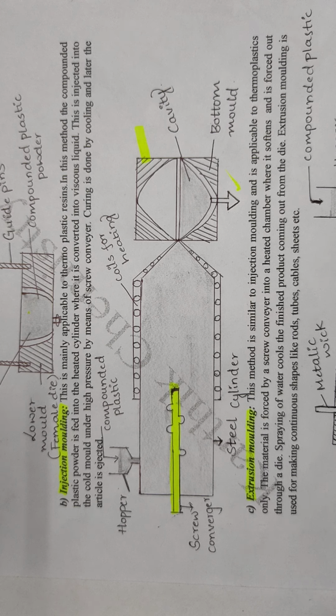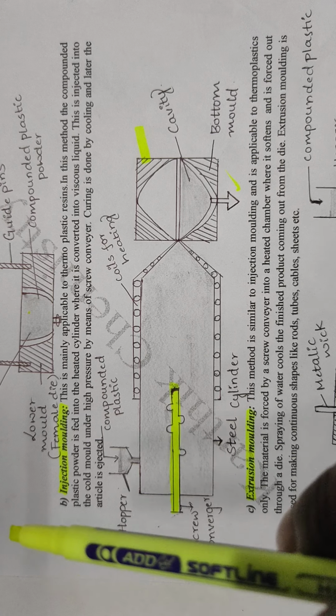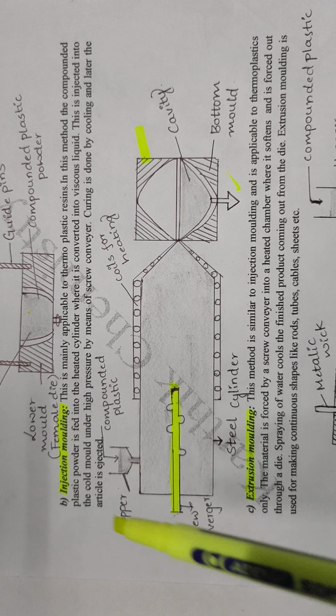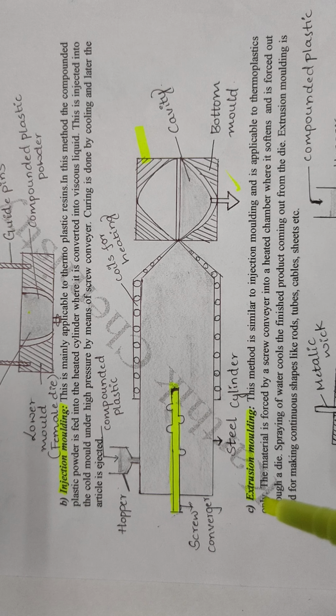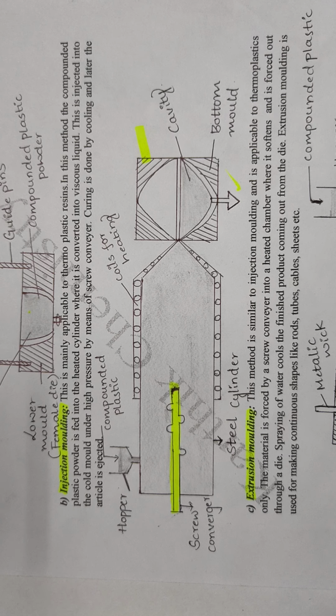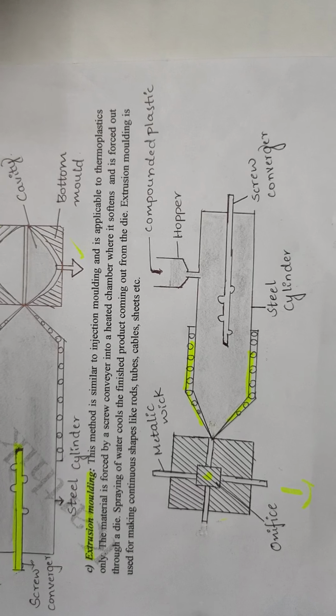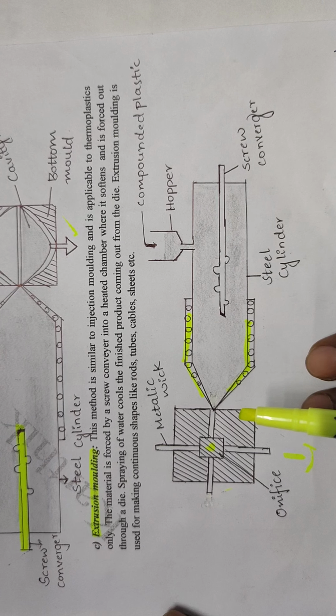Both injection molding and extrusion molding are for preparing articles from thermoplastic resins, but by using the extrusion molding technique we can prepare articles of continuous shapes. Extrusion molding technique, draw the diagram.